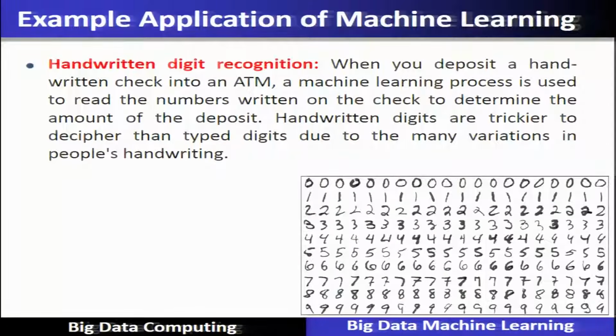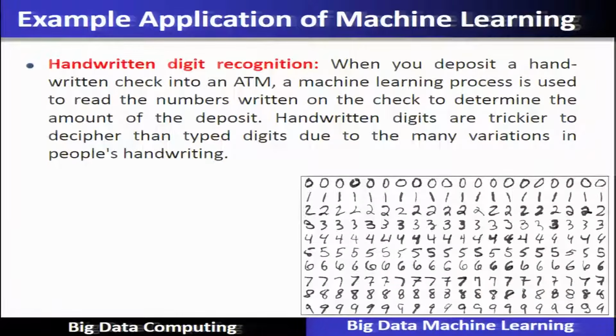Now, another example is about handwriting recognition. Handwritten digit recognition can be easily done with the help of machine learning. When you deposit a handwritten check in an ATM, machine learning is used to read the numbers written on the check to determine the amount of the deposit. Handwritten digits are trickier to decipher than typed digits due to many variations in people's handwriting.